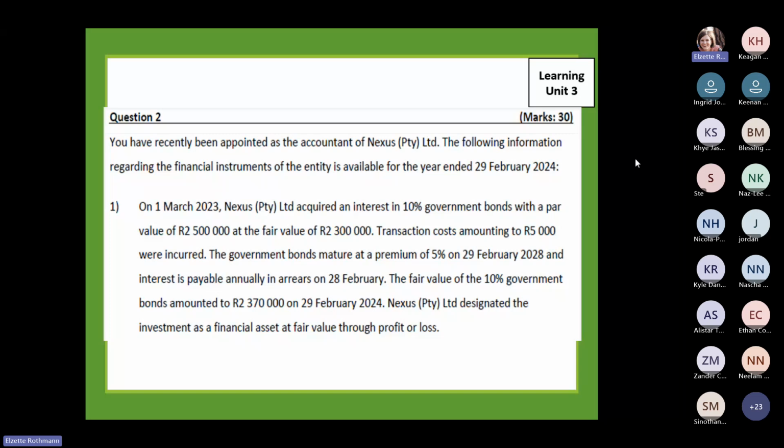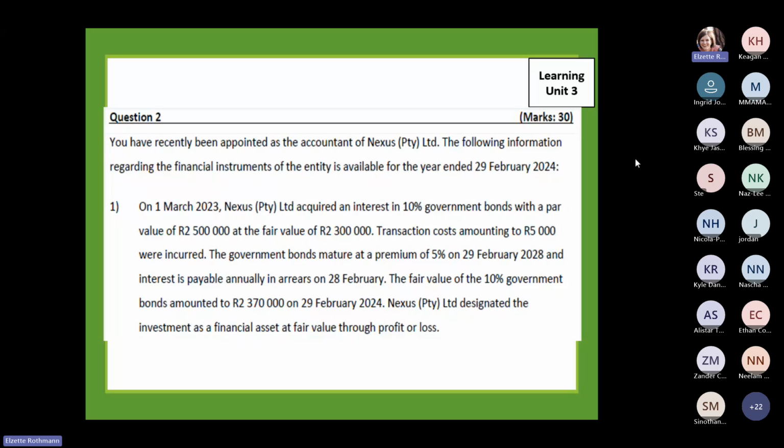Okay, so this is very important. This last bit is how they designate this investment. Okay, because remember, this will tell you whether transaction costs are part of the cost or not. Okay, so because it's a financial asset at fair value through profit or loss, transaction costs are separate. It's seen as an expense, so it's a separate line item in your journal.